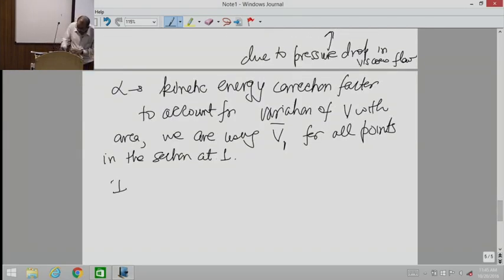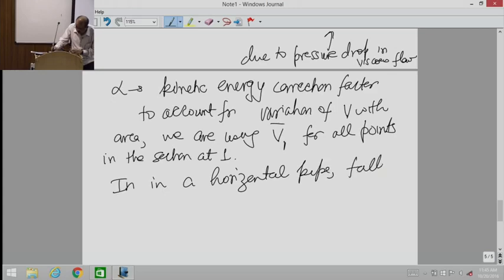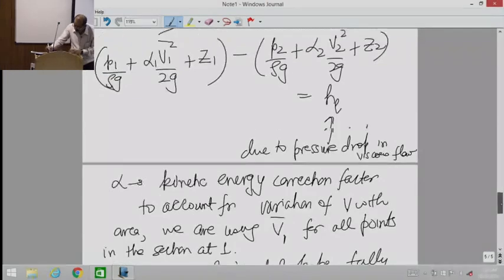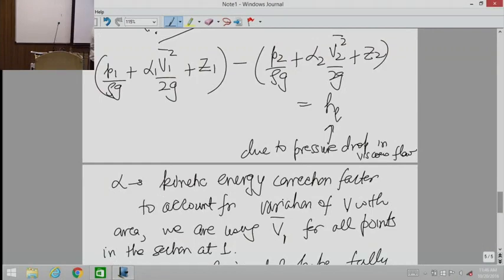In a horizontal pipe, now this is the sort of thing which will happen. If it's a fully developed flow, then V1 and V2 will be equal. The flow will not change. Z1 is equal to Z2.